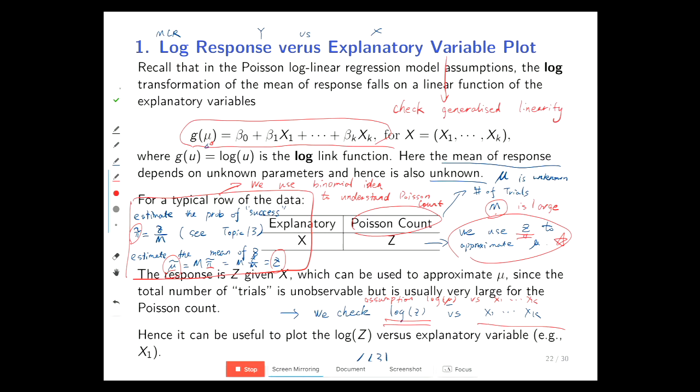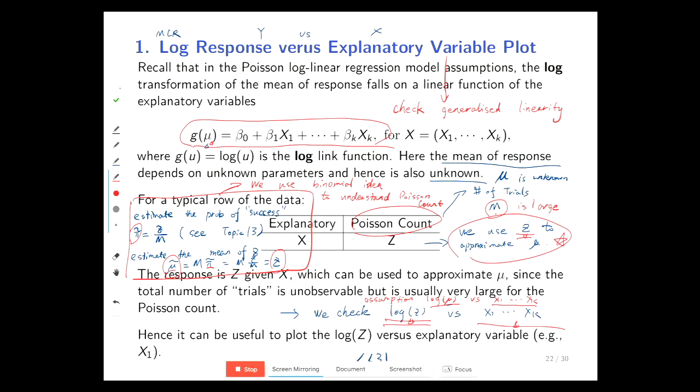So in this case, because the assumption says log mu has a linear relationship with x1 to xk, what we need to do is just to check the relationship between log z and x1 to xk. And in this case, we obtain our log response versus experimental variable plot.